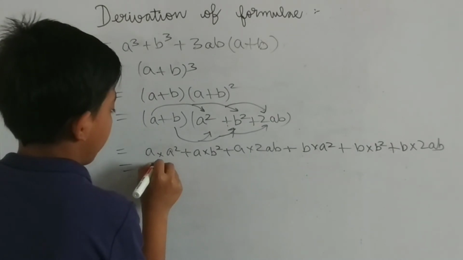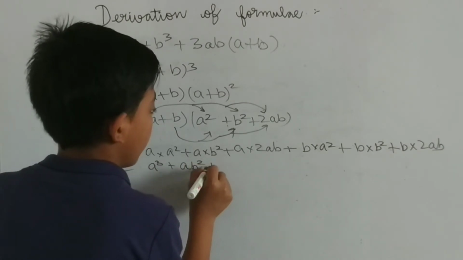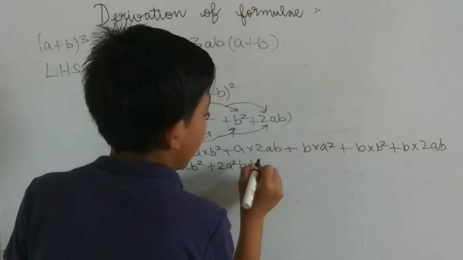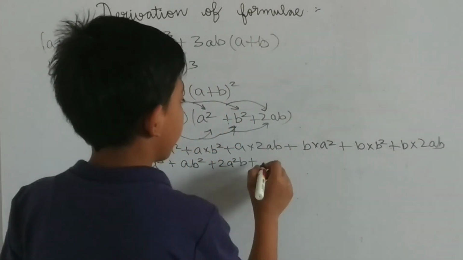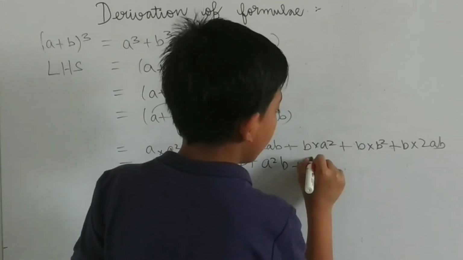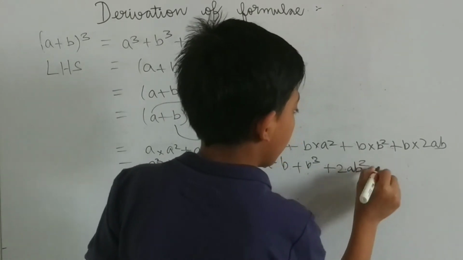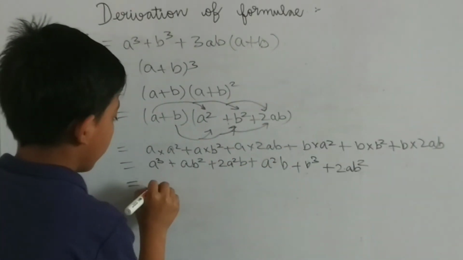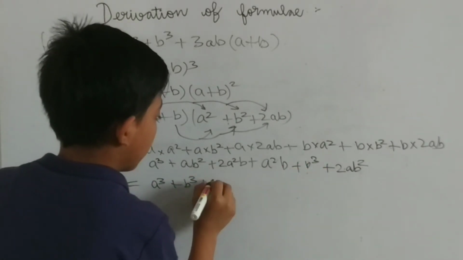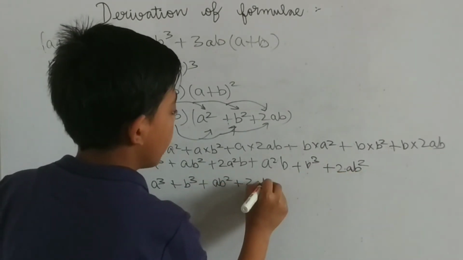And a multiplied by a² is a³, plus it's ab² plus 2a²b, plus b multiplied by a² is a²b, plus b multiplied by b² is b³, plus it's 2ab². Now a³ + b³ will be here, plus ab² plus 2ab² will be here.